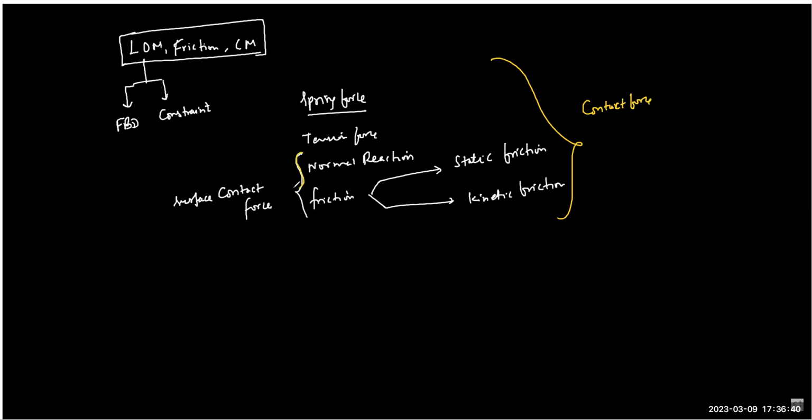But the last two are called surface contact force. This is called point contact force. So here surface is not required, but these two are surface contact force, and it is like a distributed force.